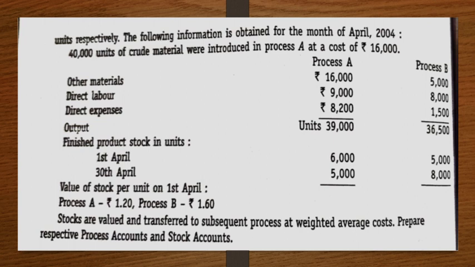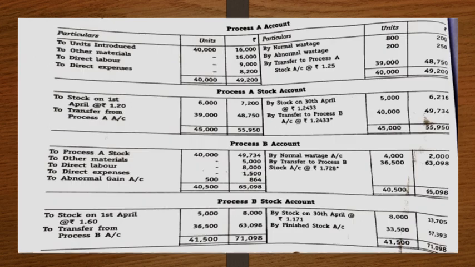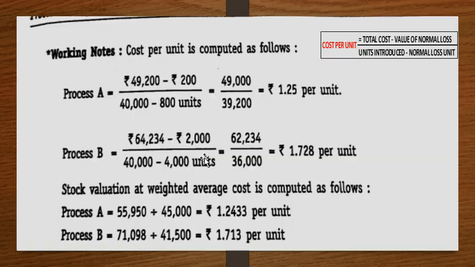I've explained what weighted average cost is in the beginning of the video. So the weighted average cost formula is total cost, or the total input, that is the cost which is incurred for producing that particular product, divided by the number of units.